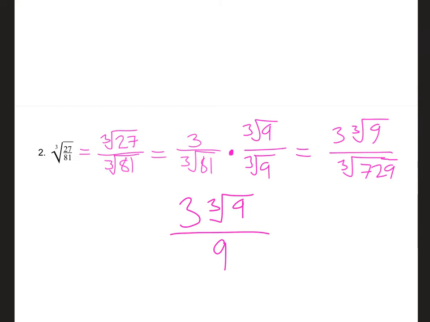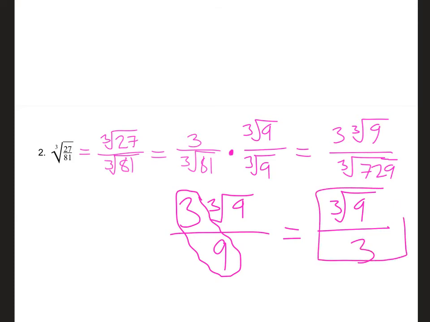And then again, I see that these whole numbers in the fraction can simplify down to 1/3. So that's exactly what I'm going to simplify down to. So I have the cube root of 9 over 3. And that's my final answer. Right? Not too bad. Not too bad.